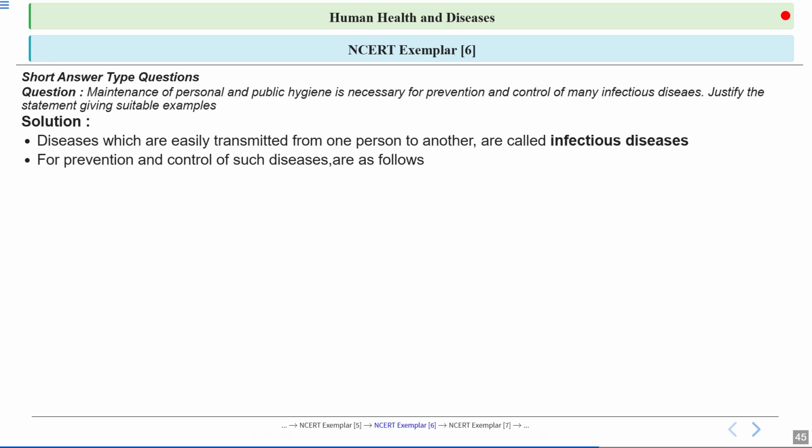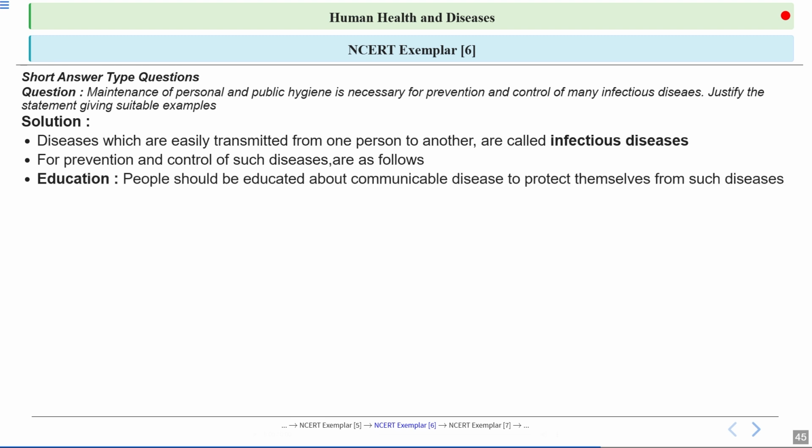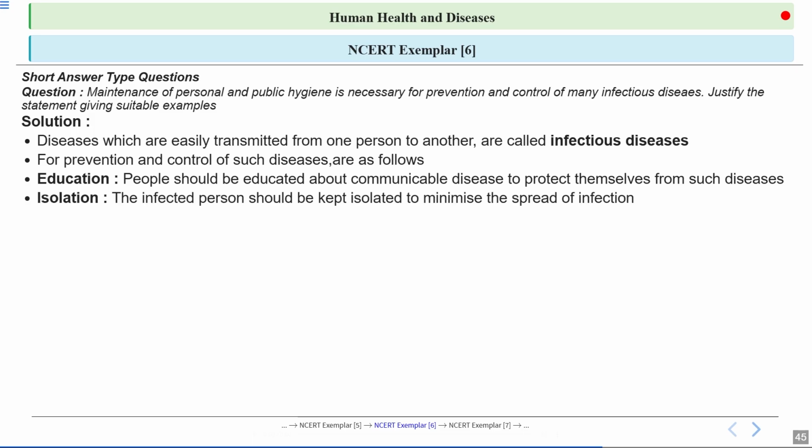Now, for prevention and control of such diseases, what is required? First of all, education is the key step. By teaching people about how diseases spread and how to protect themselves, we empower communities to take action. For example, posters about hand washing in schools help remind students to keep germs away.